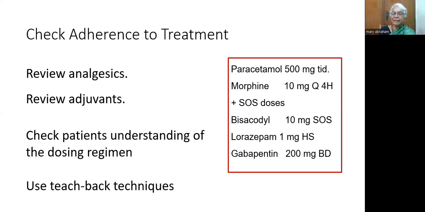So if the prescription says paracetamol 500 mg TID, morphine 10 mg Q4H with SOS doses, and bisoprolol and lorazepam and gabapentin, you ask the patient, or the caregiver, to tell back all this to make sure that they are taking according to what you have written. That is called the teach-back technique. Because if the patient hasn't understood it, they may not be taking as per what you have advised. So it is always wise to see whether they're adhering to the treatment in the first place. Next, please.